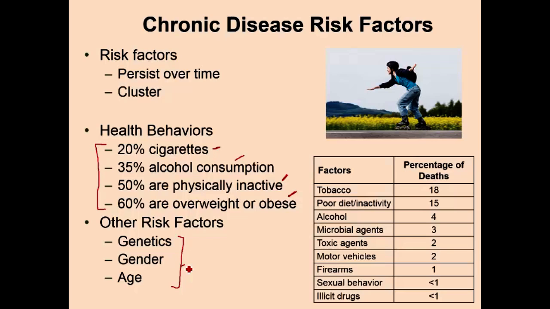That just doesn't happen. So these health behaviors can be modified to lower the risk of developing a chronic disease, while these specific factors cannot be modified to change the likelihood of developing a chronic disease.